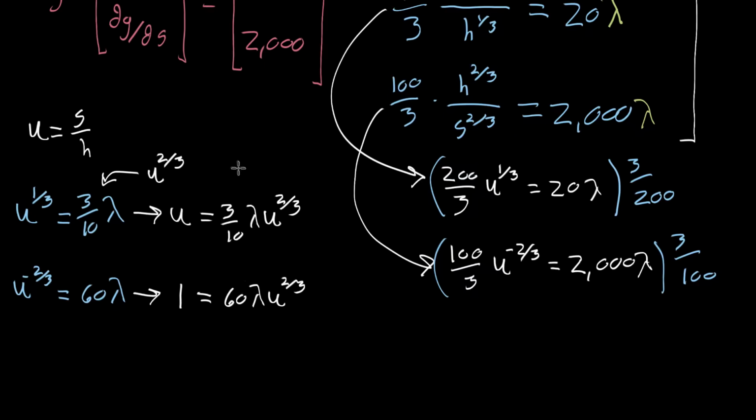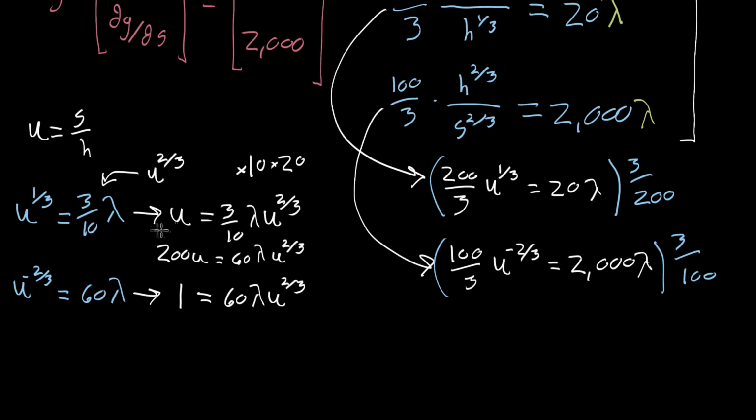In this case, I'm going to multiply that top by 10, which will get it to 3, and then by another 20 to make that constant 60. So I'm going to multiply this entire top equation by 200, and what that gives me is that 200 times U is equal to 60 times lambda times U to the 2/3.